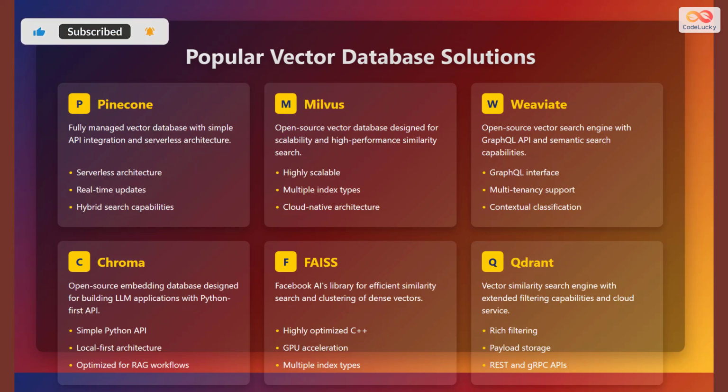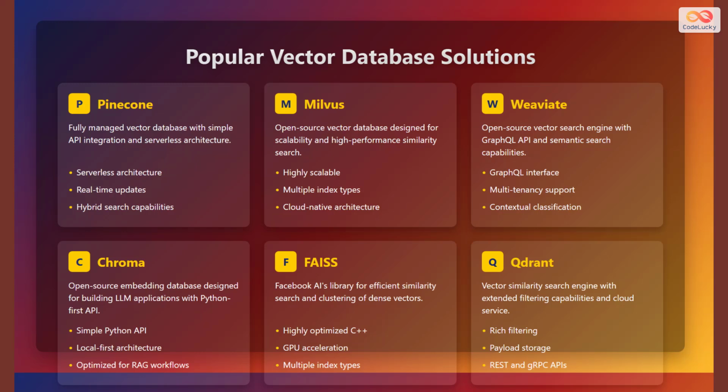Weaviate is an open-source vector search engine with graph query language application programming interface and semantic search capabilities with multi-tenancy support. Chroma is an open-source embedding database designed for building large language model applications with Python-first application programming interface, local-first architecture, and optimized for retrieval-augmented generation workflows.